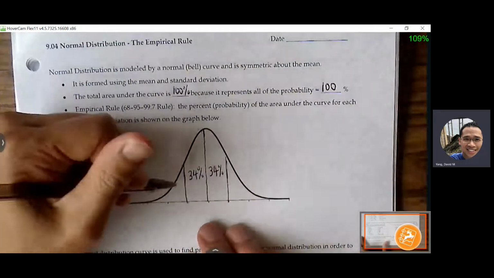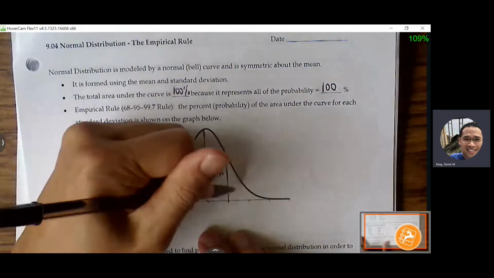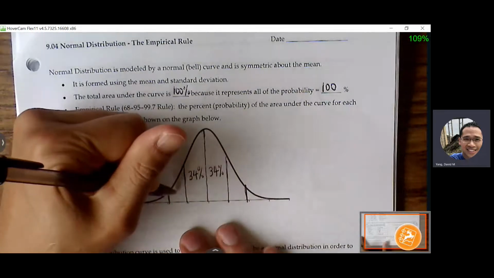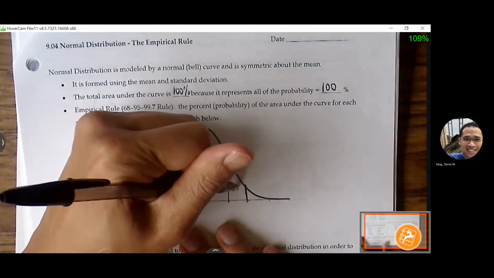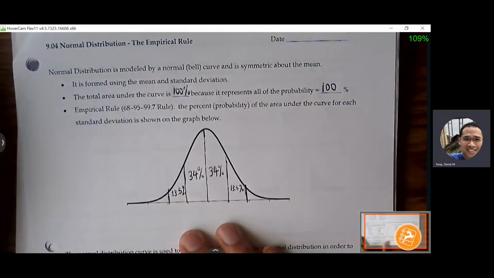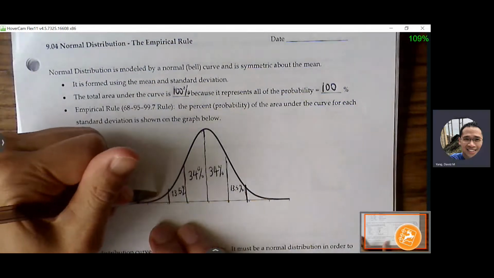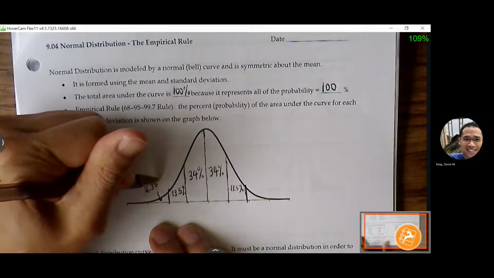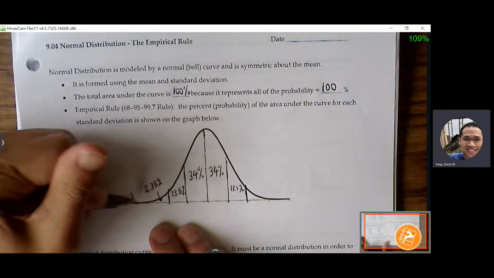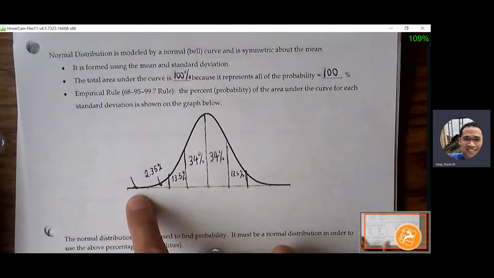And then as we move further away, there's less percentage, but it's all going to be symmetrical here, 13.5%. And then even further away, we have 2.35%. And then this small little region looks like there's not much there.